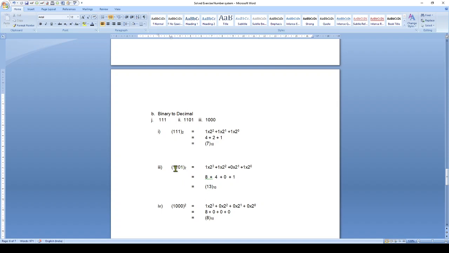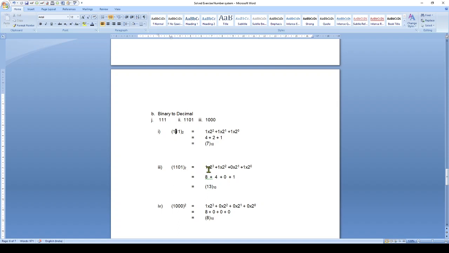Next, you convert this number 1101. We have ones in the places 2 to the power 3, 2 to the power 2 and 2 to the power 0. And there is a 0 in 2 to the power 1's place. So we will get a 0.